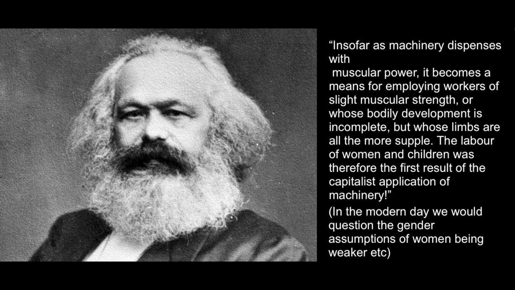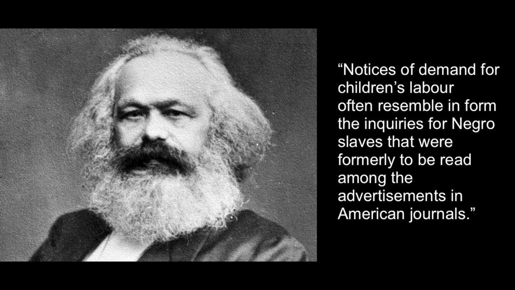And he goes into detail about that historically. Marx says, "Notices of demand for children's labour often resemble in form the inquiries for Negro slaves that were formerly to be read among the advertisements in American journals." And he gives an example where someone asks for children who can pass for 13 years. In other words, if they look 13, they're old enough to work.